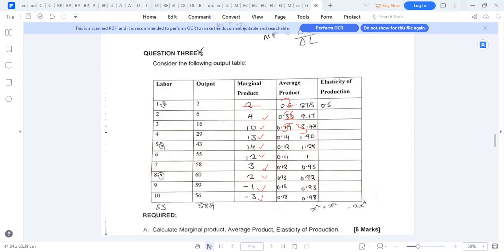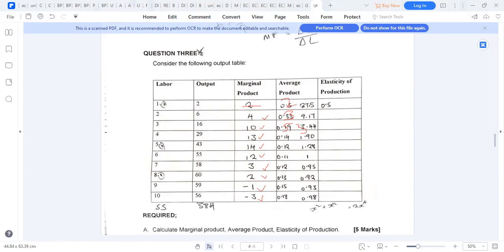So elasticity of production is also known as the output elasticity of output. It is simply the change in output over the change in input. So the formula is simply the percentage change in output divided by percentage change in input. So the input here is the labor.